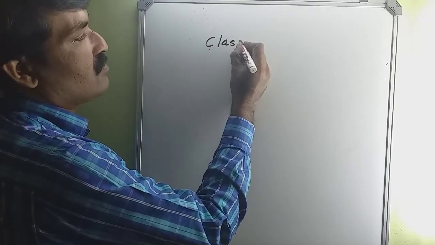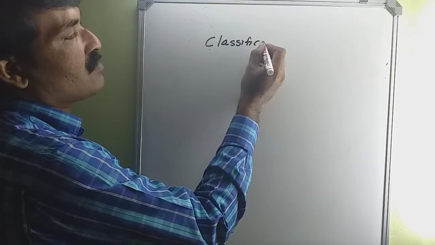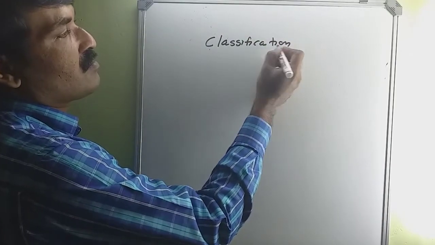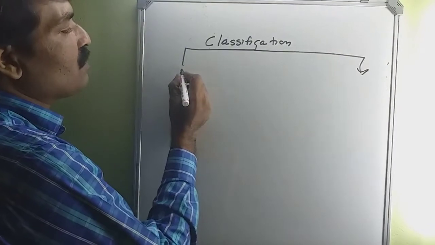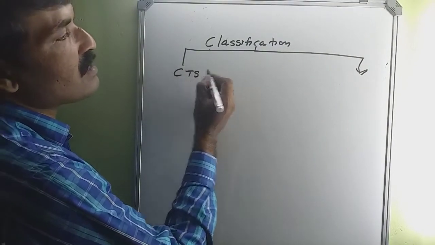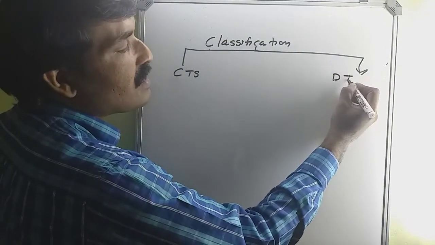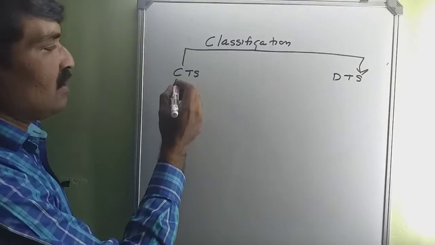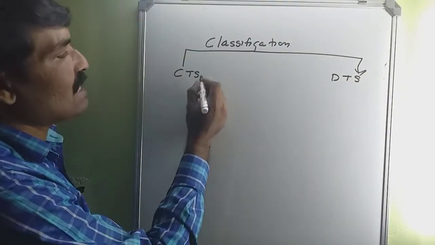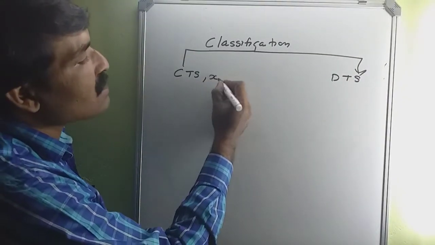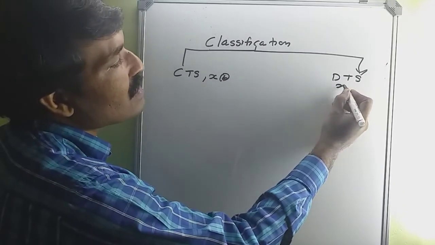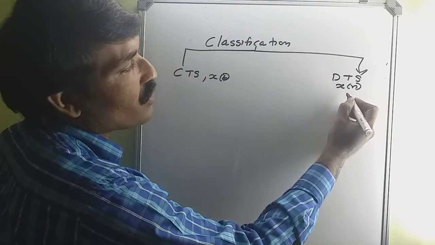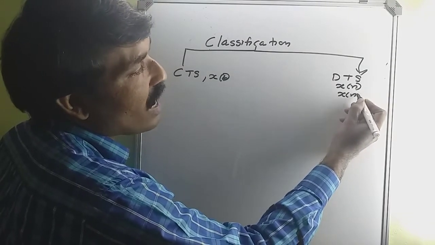Classification. Signals are classified into continuous time signal and discrete time signal. A continuous time signal is represented by x of t, and a discrete time signal is represented by x of n or x of nT.